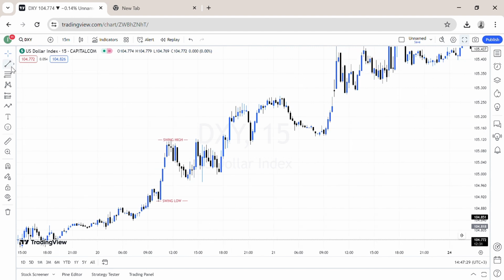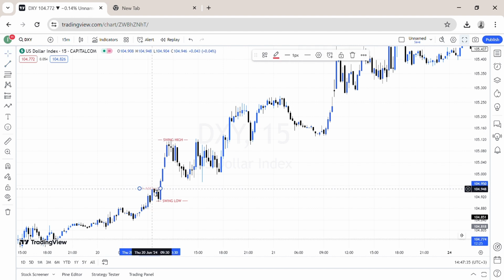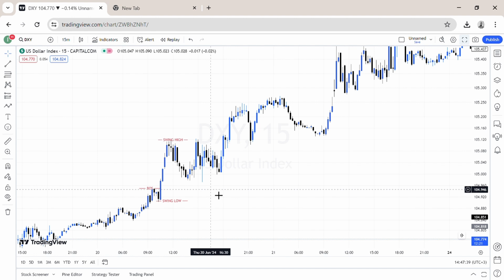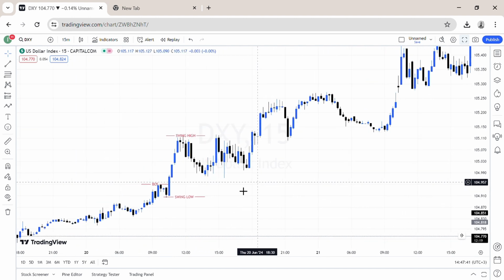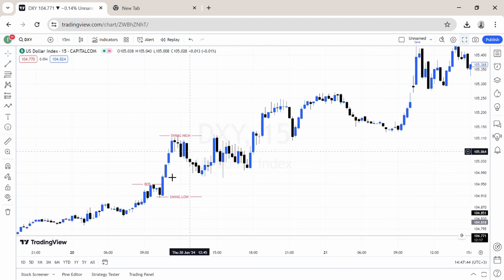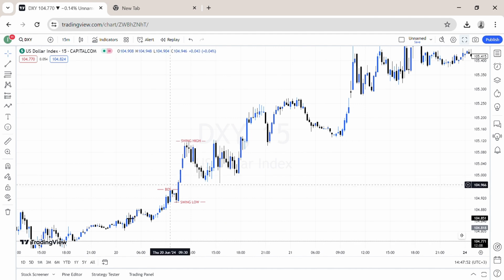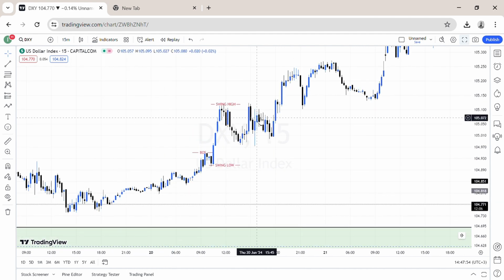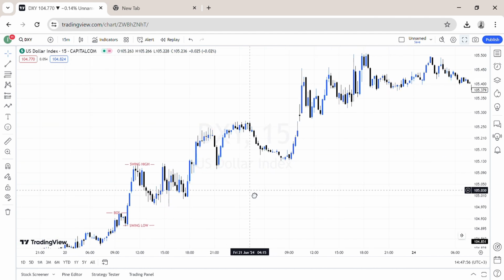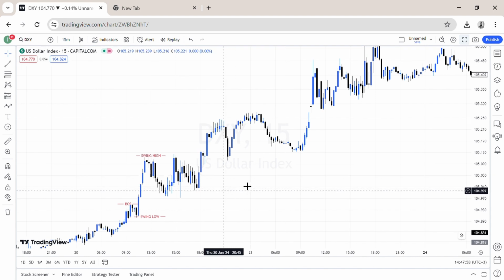After a break of structure right here, after a small break of structure right there, you can see the price left a lot of fair value gaps and imbalances right here. So what do I expect if I want to continue buying now that I have a bullish argument? I wait for retracement.